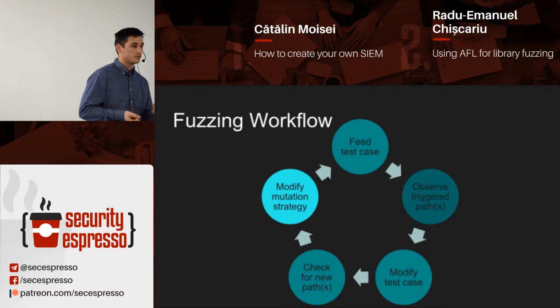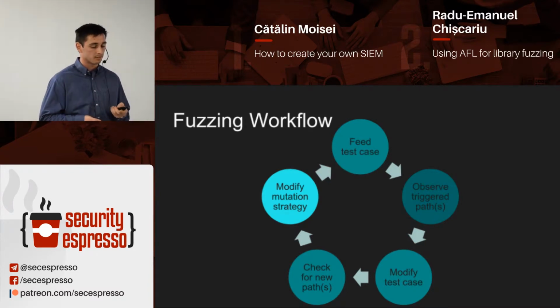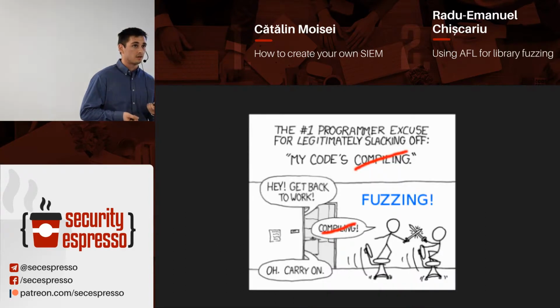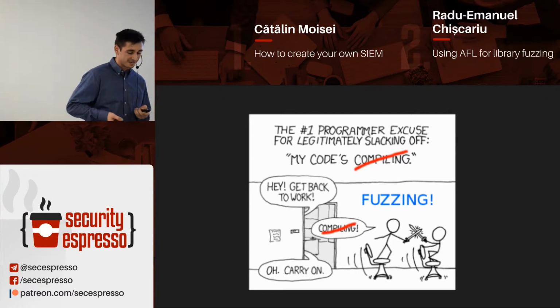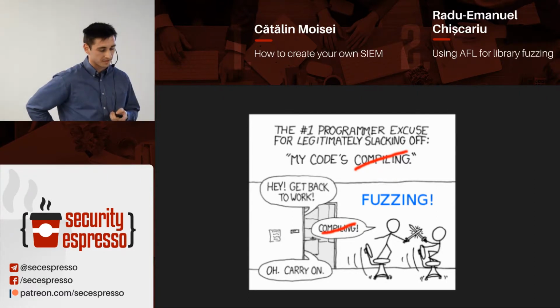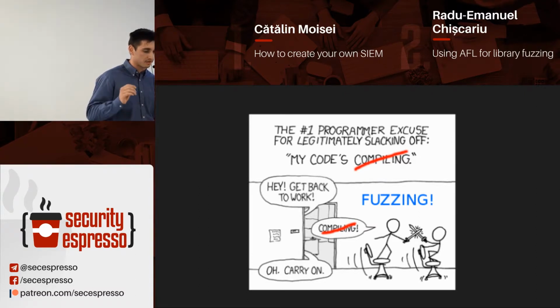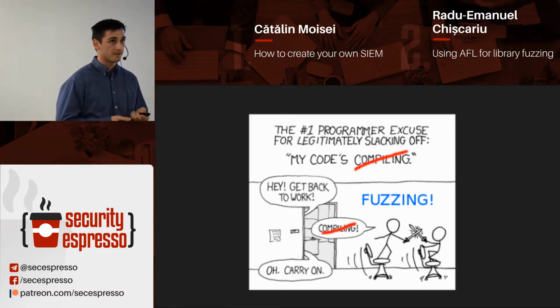As you can see, this is a cyclic process, and current fuzzers allow us to completely automate this. This is also one of the reasons I like fuzzing, because if the team lead asks me what I'm doing, I can say I'm not slacking off. My application is fuzzing.